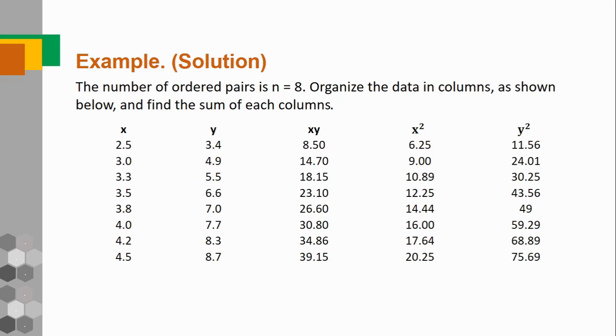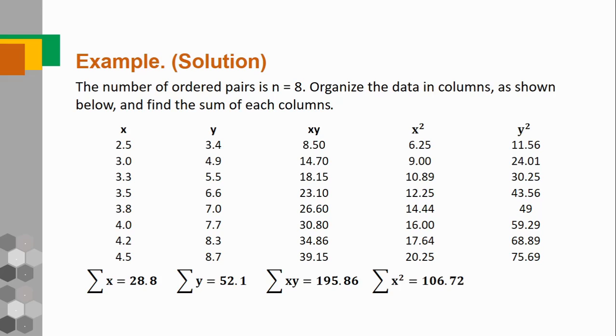Then further, get the sum of each column. So we have summation of x equals 28.8, summation of y equals 52.1, summation of x times y equals 195.86, summation of x squared equals 106.72, and lastly, summation of y squared equals 362.25.